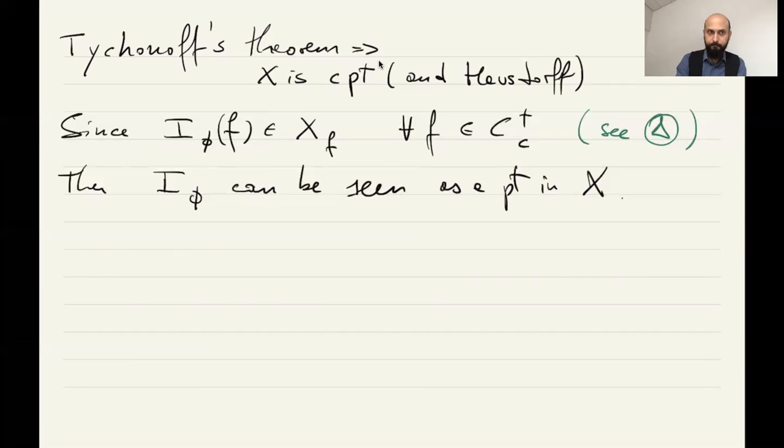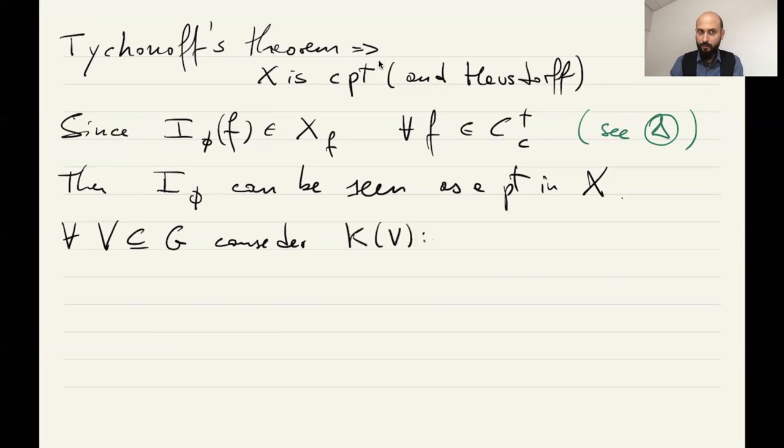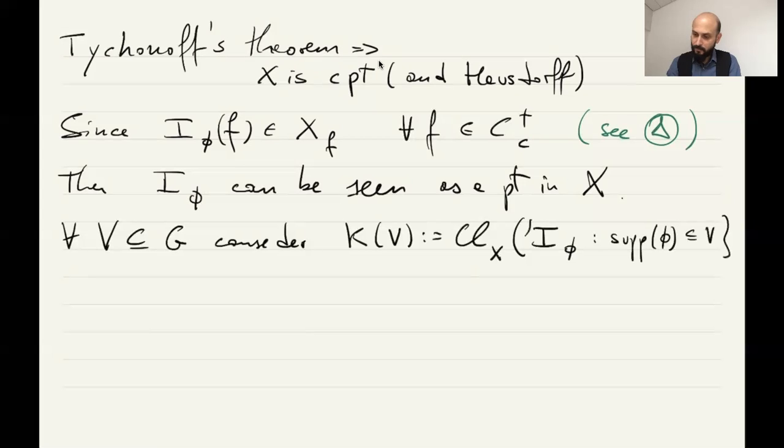Now for all V subset of G, which we should think of as a compact neighborhood of the identity, we will consider the set K_V to be the closure inside X of all the operators I_phi such that the support of phi is inside V. We're taking this set and taking the closure within X.